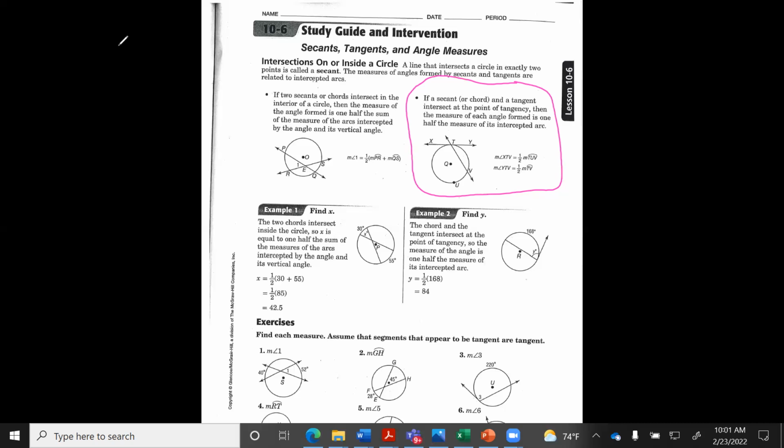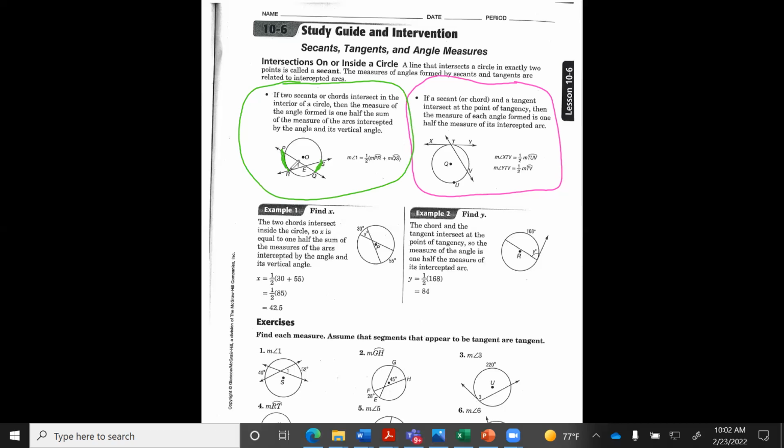Now, looking at the diagram on this side, this one's new to us. They write this a little bit differently than I would normally write it, but we have the idea here: measure angle 1 in this diagram is equal to the average of the 2 arcs that the vertical angles are intersecting.